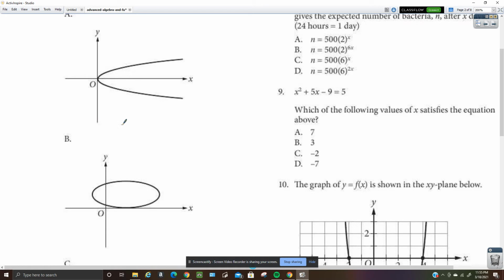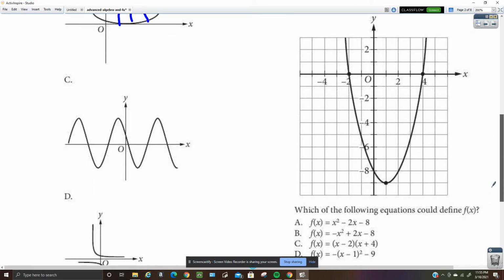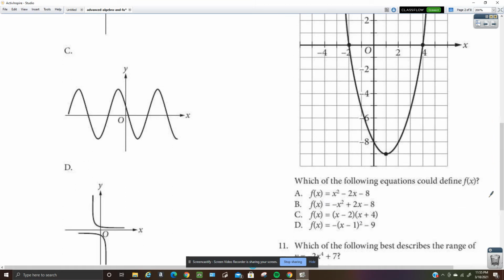So you just have to do the vertical line test here. This one fails the vertical line test, this one fails it. So if the vertical line hits in more than one point, then it's not a function. So C is the correct answer here. D, this fails the vertical line test also. But if I draw vertical lines here, they only hit in one place. So C is the correct answer there.